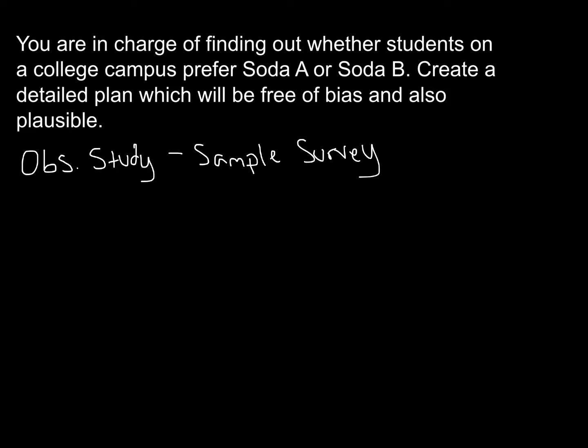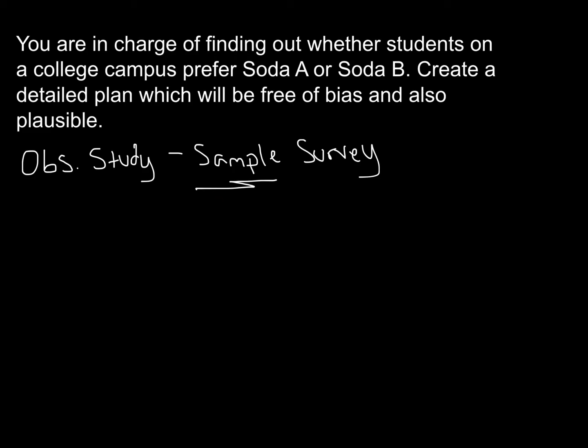Okay, so consider now all the different things that we're going to have to do. This is a sample survey, so you're going to need to find a sample. In your plan, you need to create a method by which you are going to find the sample.